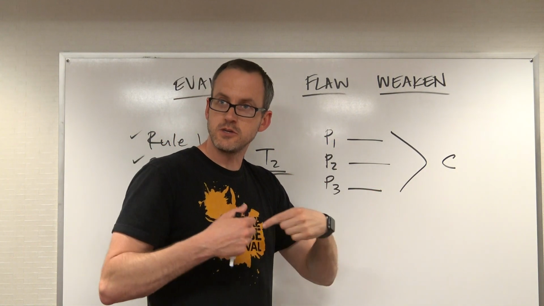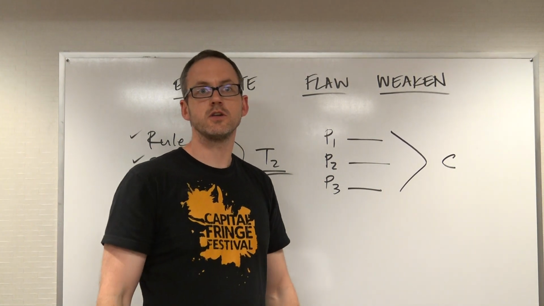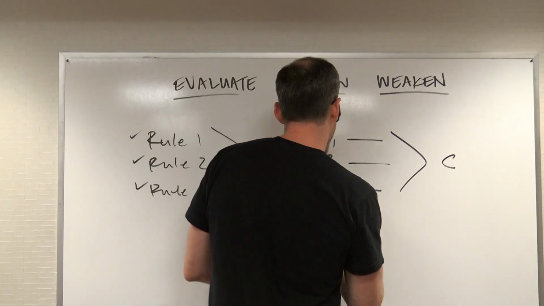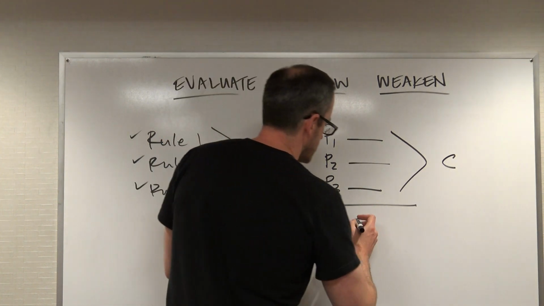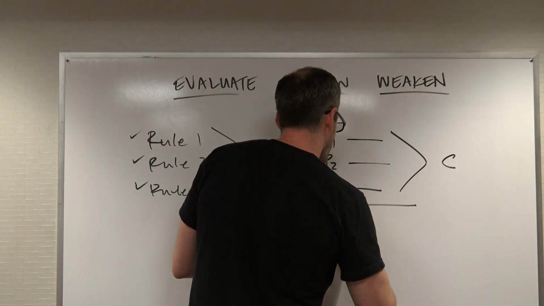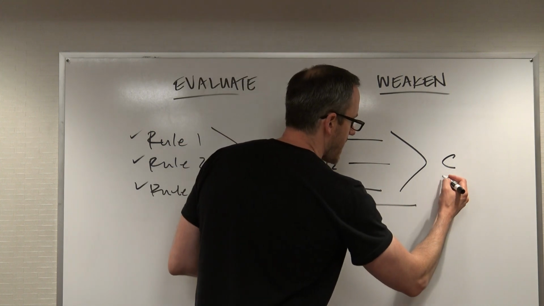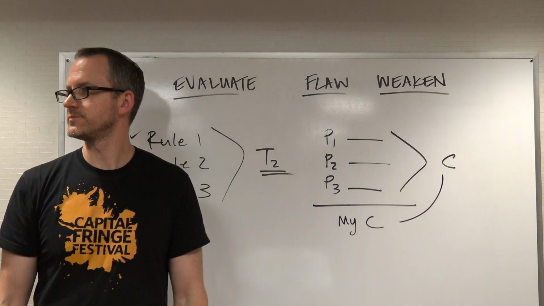And once you come to that conclusion, you compare your conclusion to the conclusion that was actually drawn, right? So what often happens is I'll read the premises, I will then come up with my own conclusion, and then I will see how similar or different it is from the conclusion that they drew.